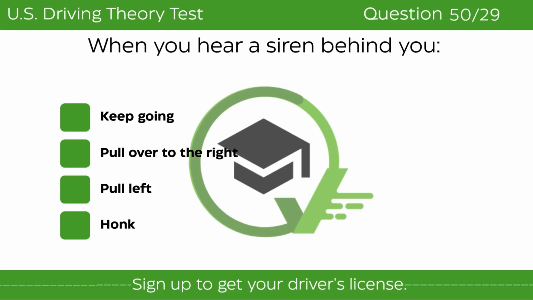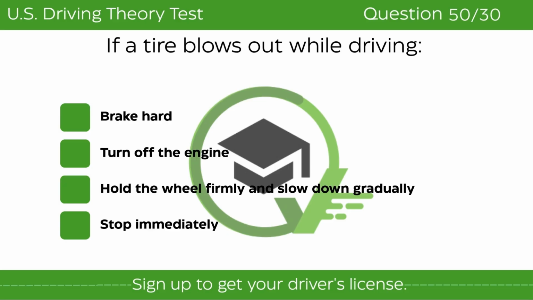When you hear a siren behind you, B. Pull over to the right. Question 30. If a tire blows out while driving, C. Hold the wheel firmly and slow down gradually.